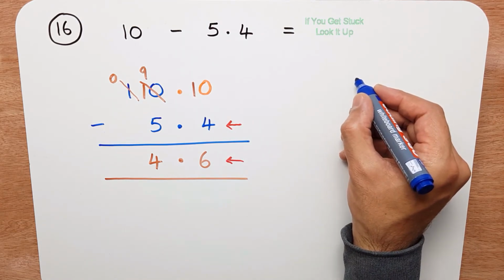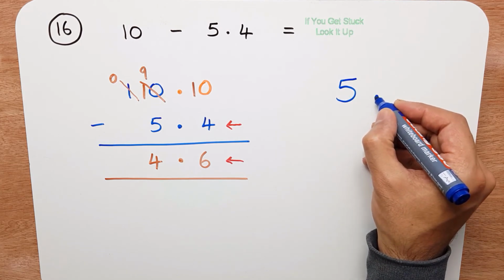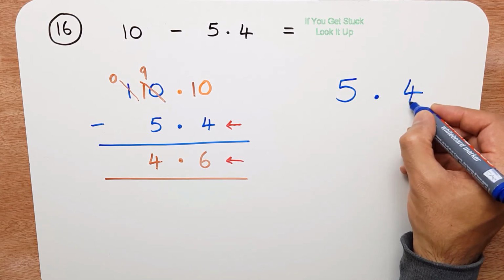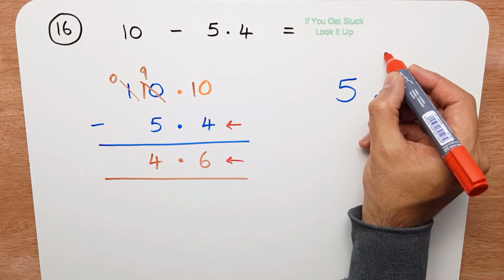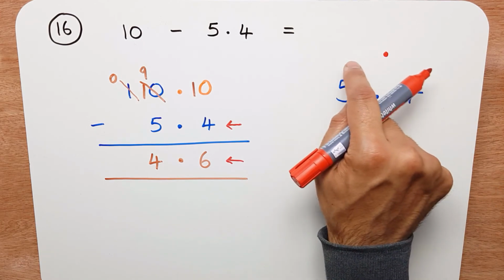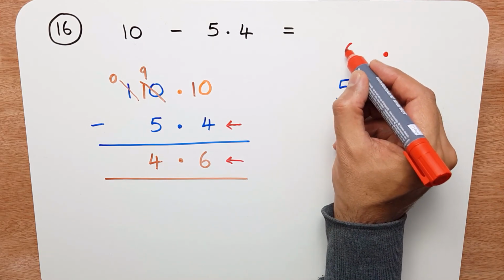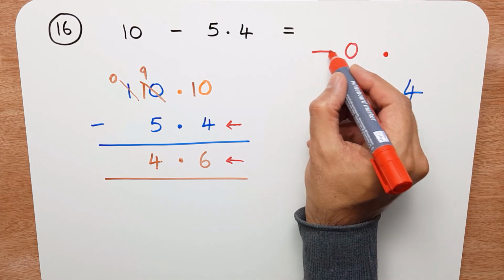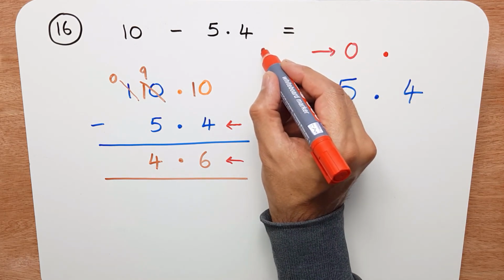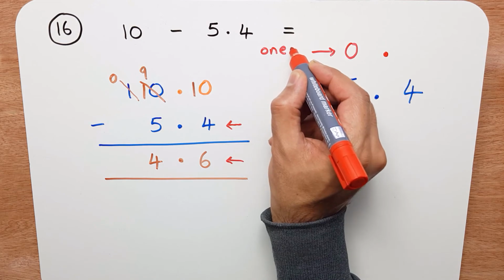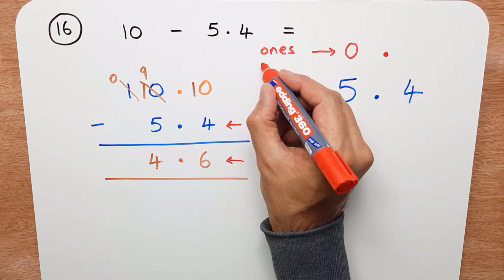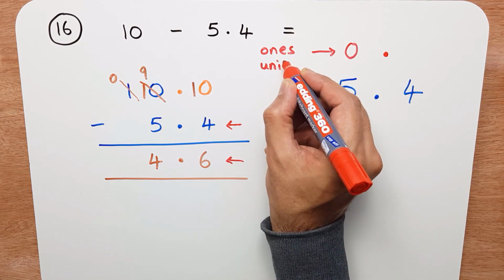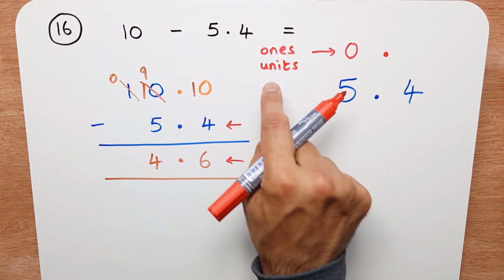I just wanted to highlight this, 5.4. There's the decimal point. The first digit to the left is your ones or your units. So let me write this down. Children are taught ones now, and the older children, or with me, we were taught units.